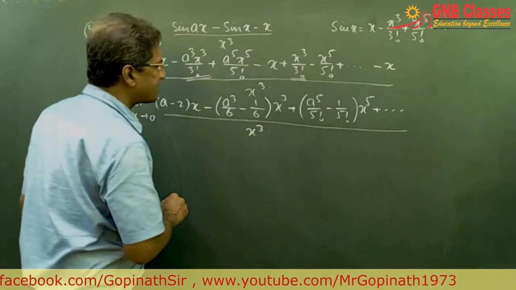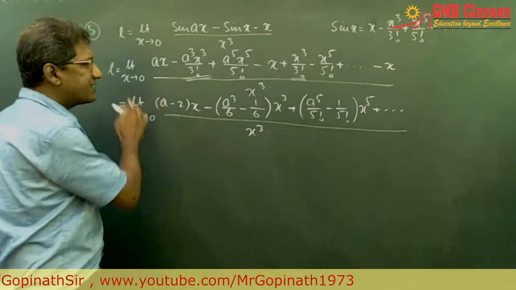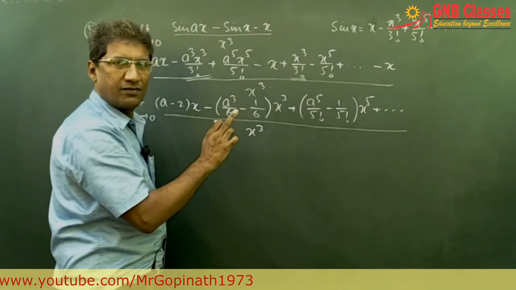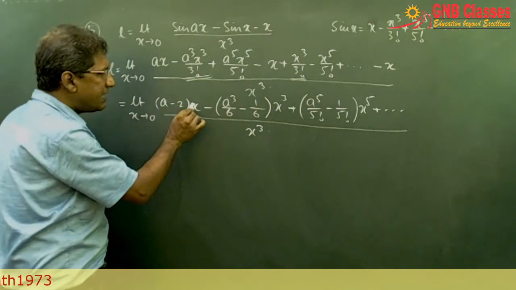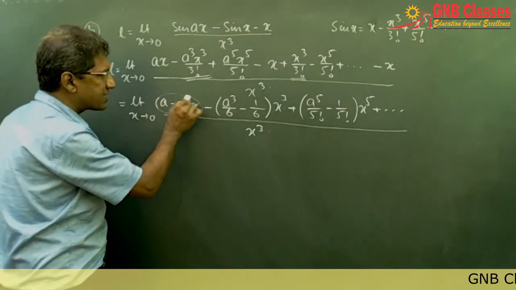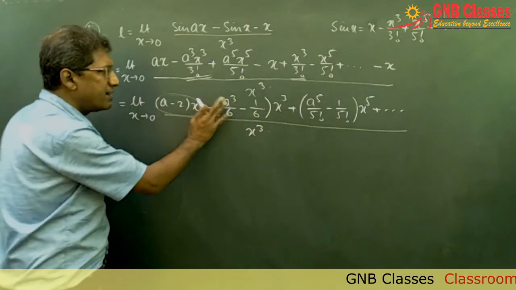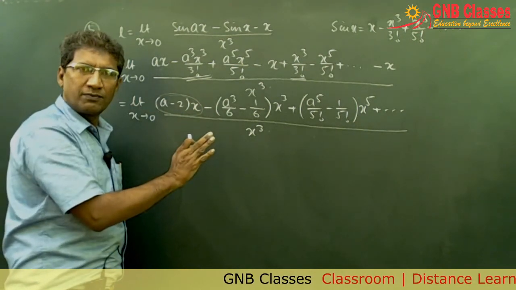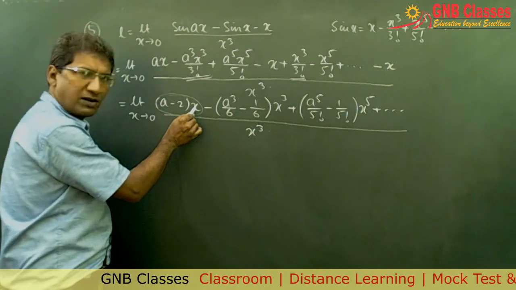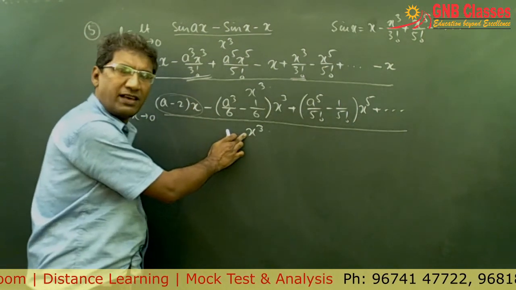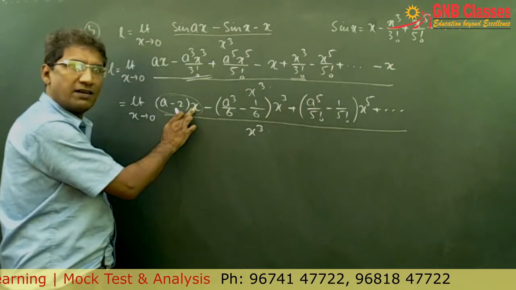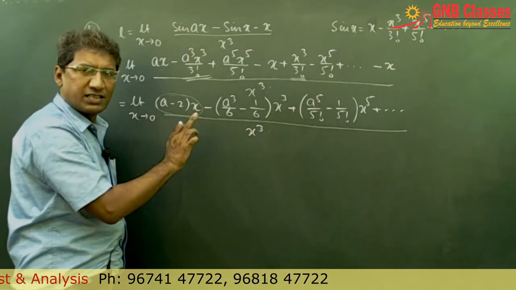They have said that this limit exists. If this limit exists and if this part remains, then this limit will become undefined. Is it clear? Because in the numerator we have x and in the denominator we have x cube, so this term cannot exist.